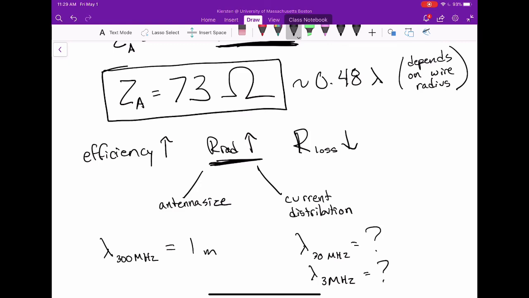There comes a point where a half wavelength dipole is not physically practical, depending on what your application is. If you're not going to install it in a stationary location where you'll never ever have to move it again and you have a lot of land all to yourself, maybe a half wavelength dipole is not a good idea as you get down really low in frequency.